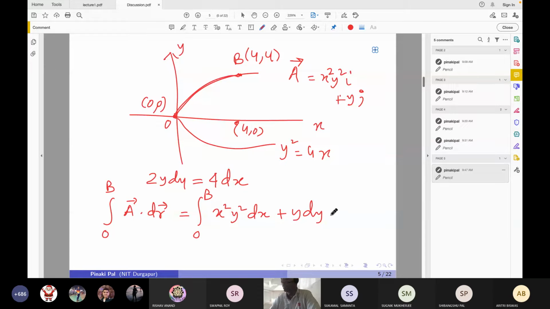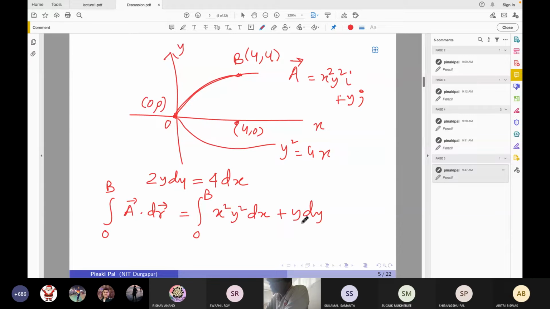Therefore we have the liberty to replace y square by 4x, or y is equal to 2 root x. So these are two possibilities. Any one we can use, so either we can write everything in terms of x or everything in terms of y. So y square is equal to 4x.